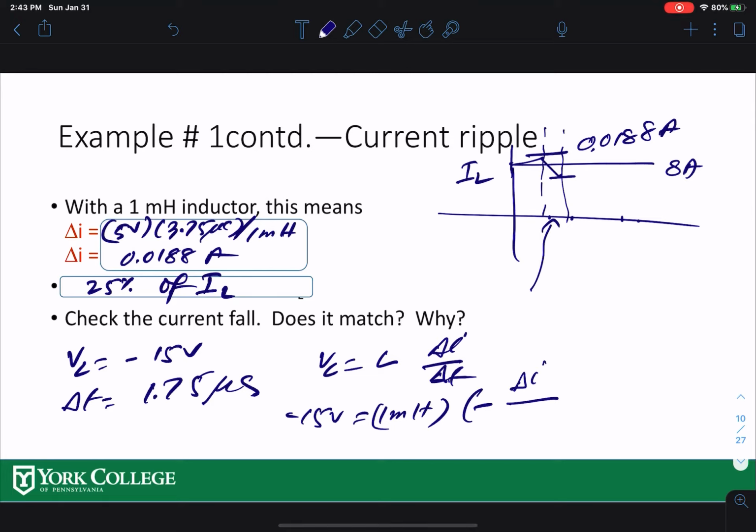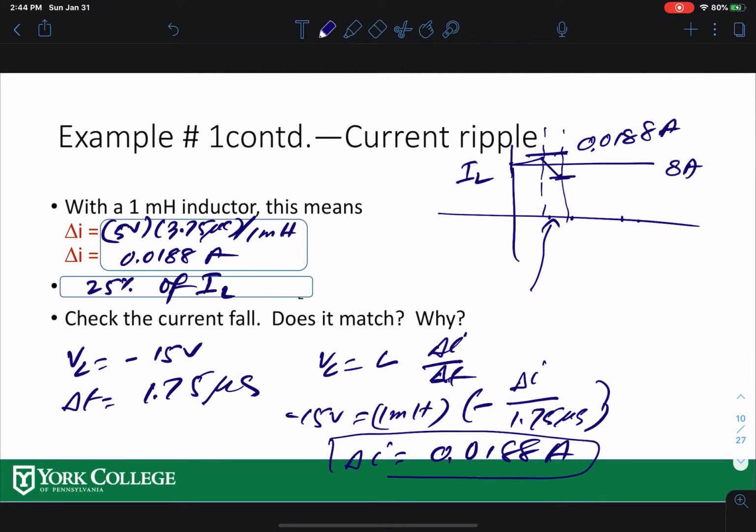So delta I over 1.25 microseconds. If you do the math here, we'll also see the same answer, because this is always the same value, 0.0188 amps, the peak-to-peak ripple of the inductor current.